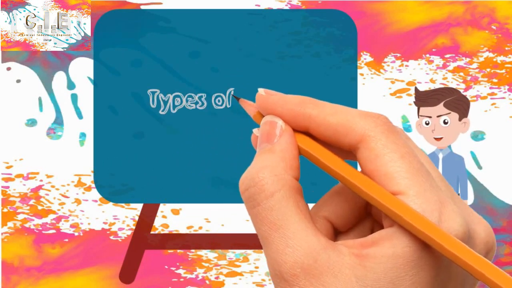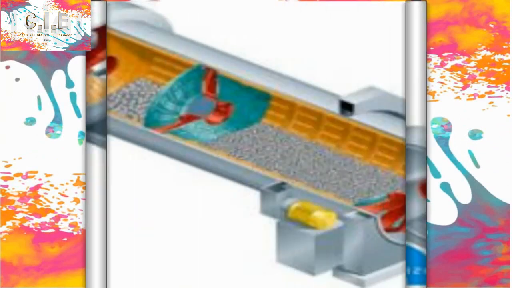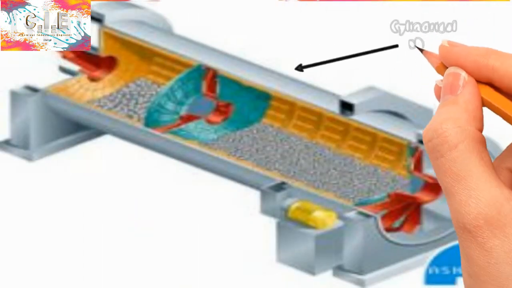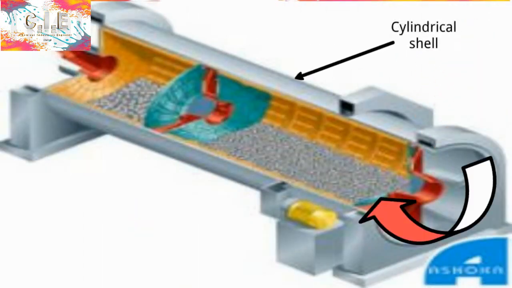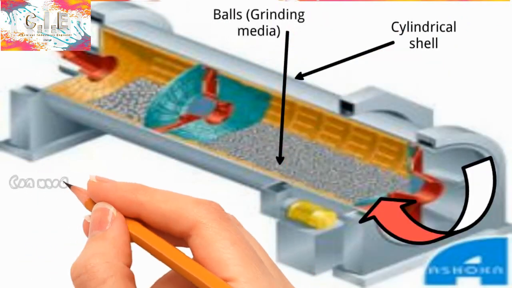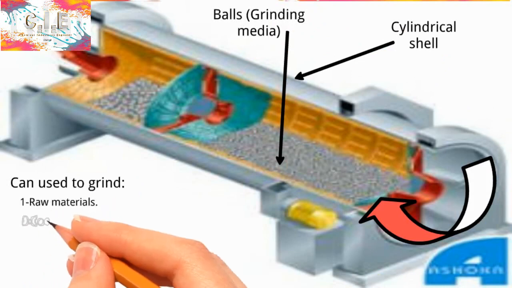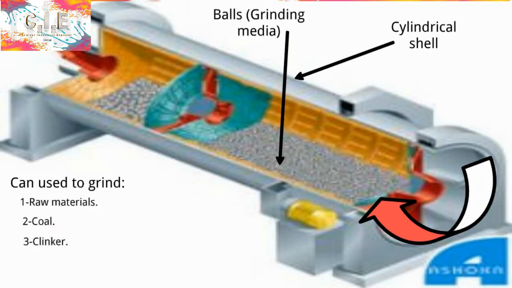Now, let me talk about types of mills, and let me start with ball mills. It's a cylinder rotating around its axis and partially filled with balls. It's used to grind and blend raw materials, coal, or clinker with additives to form cement.